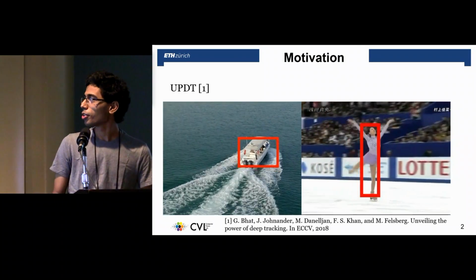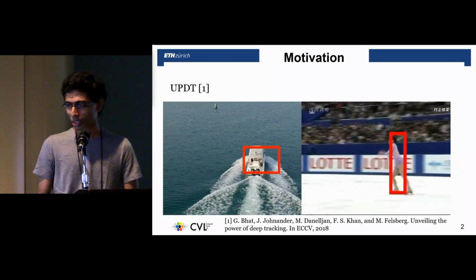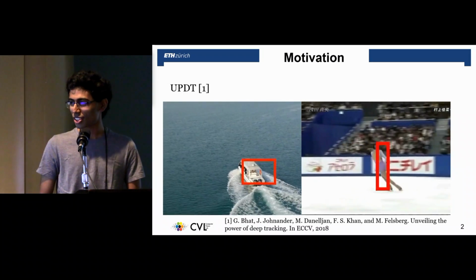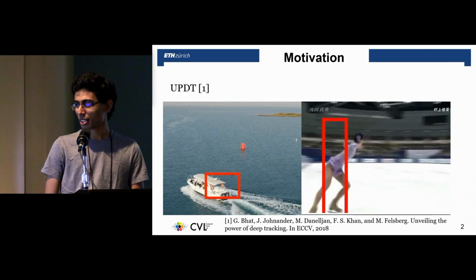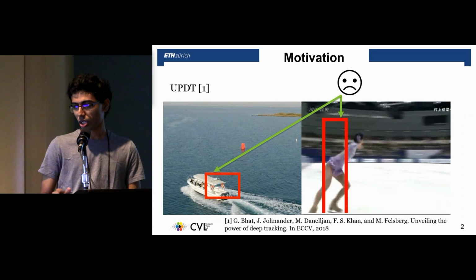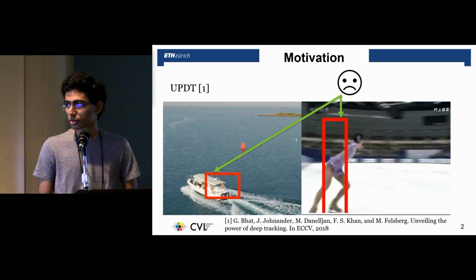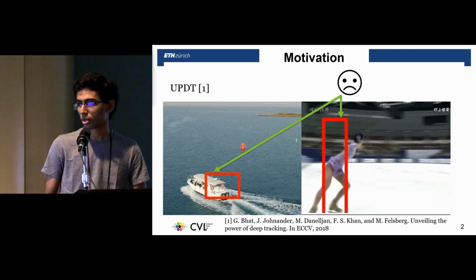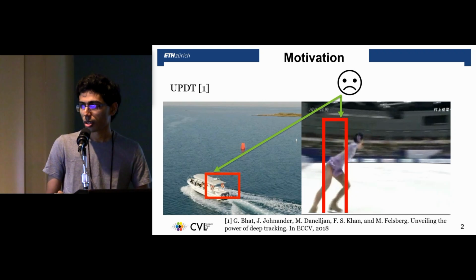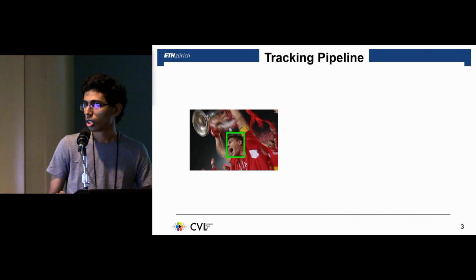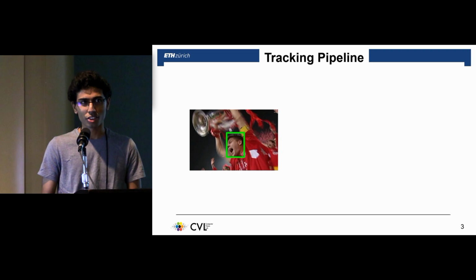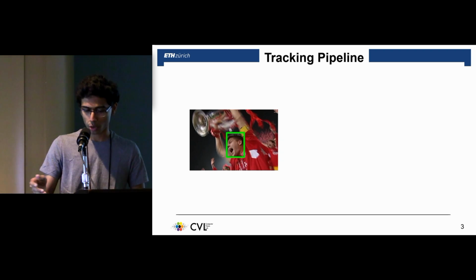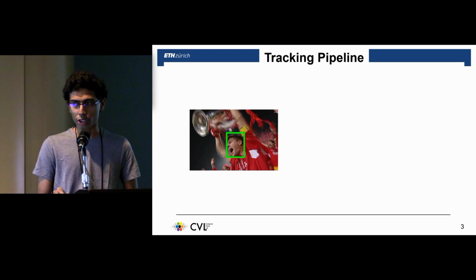Okay, so we'll look at the tracker failing once more, and I won't say much now. To find the reason why the tracker failed in the previous sequence, we look at the pipeline employed by these trackers.